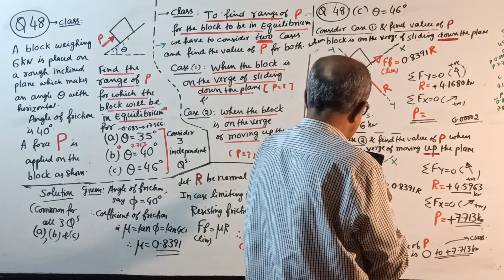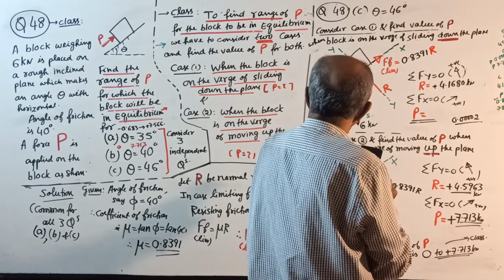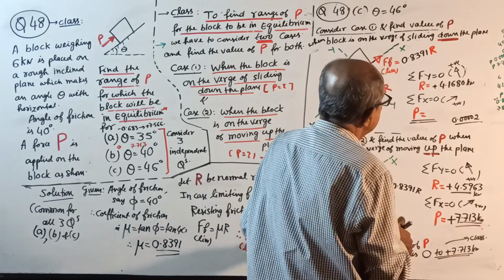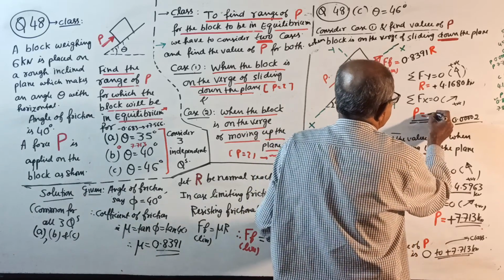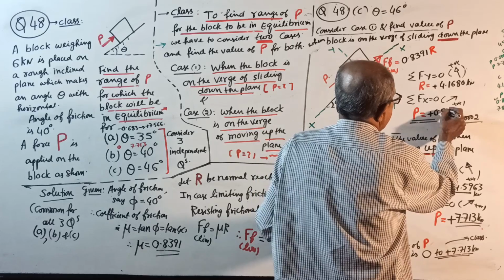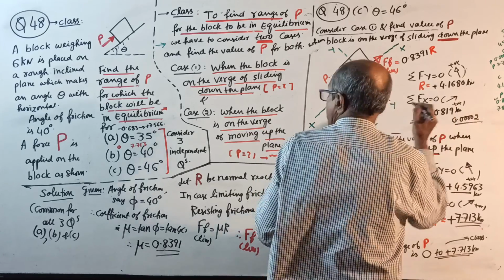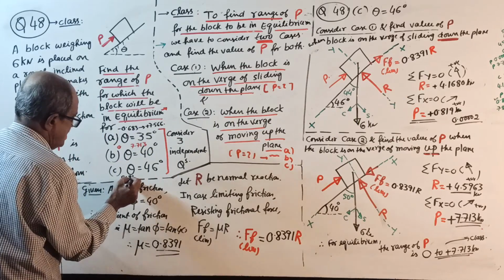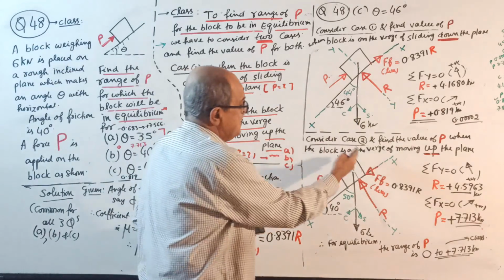That one you subtract from 6 into cos 44. P will come plus 0.819 kilonewton. Okay, I will note down here: 0.819.